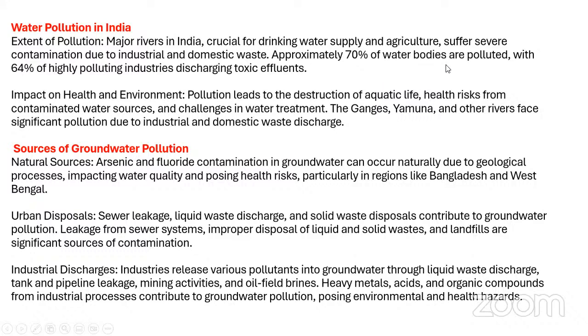Approximately 70% of water bodies are polluted, with 64% of highly polluting industries discharging toxic effluents. Try to remember or write down this sentence about India: 70% of water bodies are polluted, with 64% of highly polluting industries discharging their toxic effluents into the natural water bodies or major river systems of India.